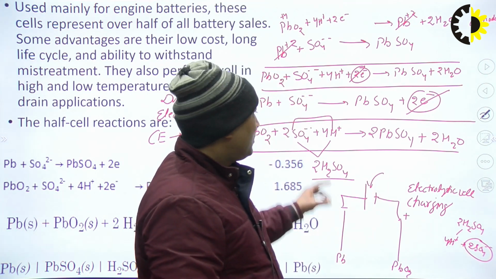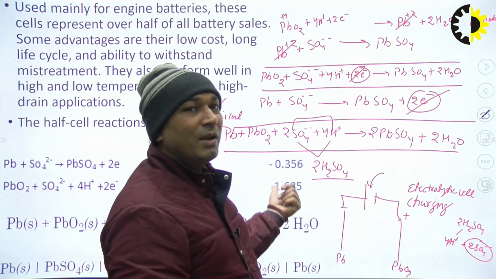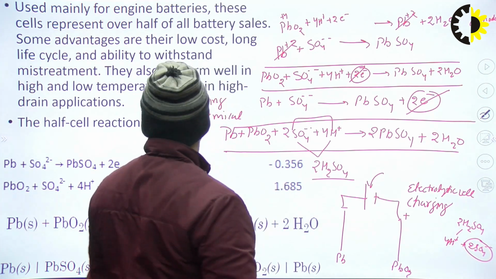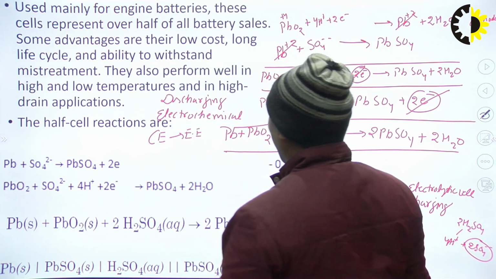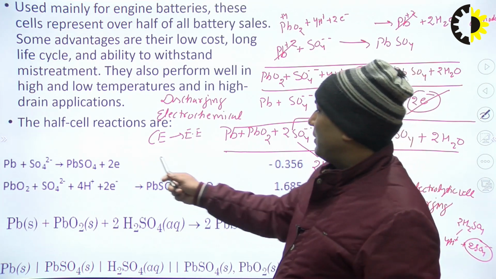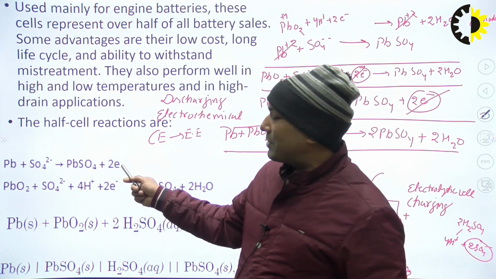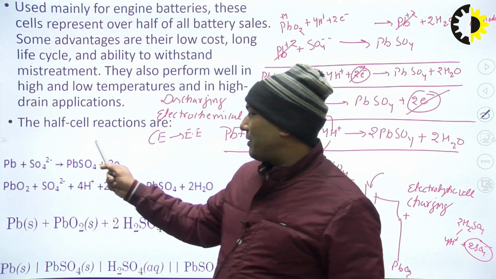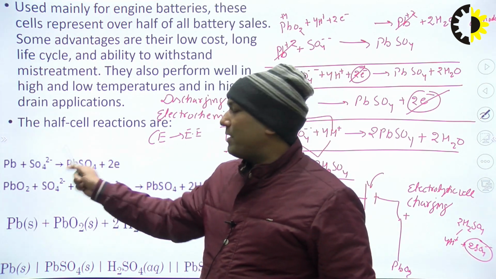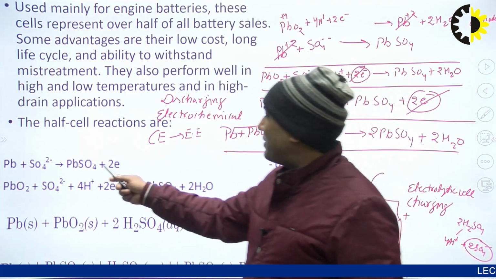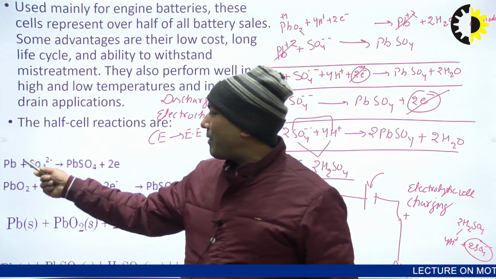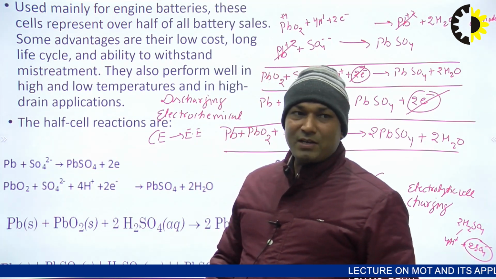So now the reactions will be completely different. What will be the reactions now? This PbSO4 plus 2 electrons forms lead and sulfate ion.